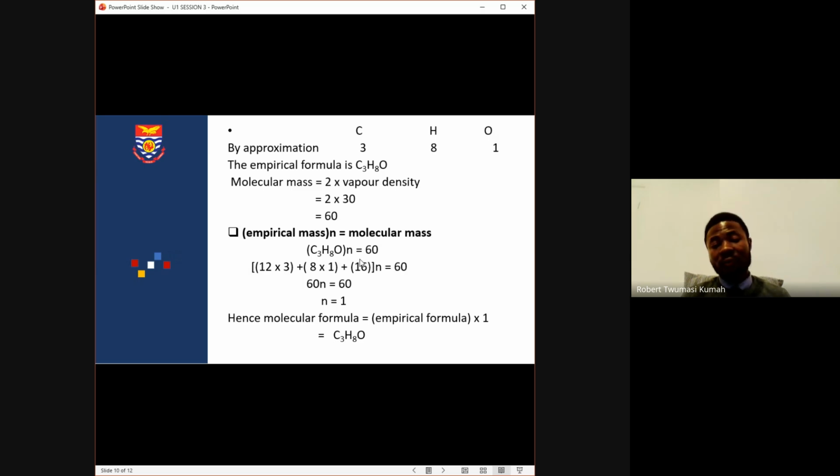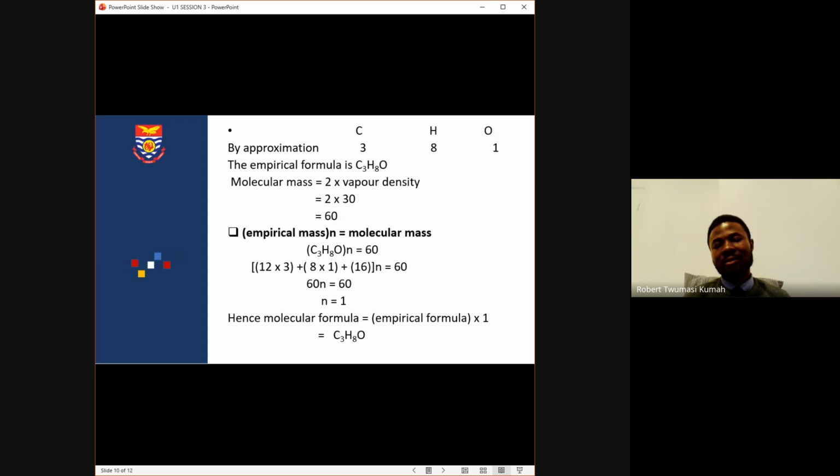The atomic mass of oxygen is 16, and the number of atoms here is 1. So after writing this whole thing, we now work n out. So we have 60n is equal to 60. We divide through by 60, and that gives us 1.